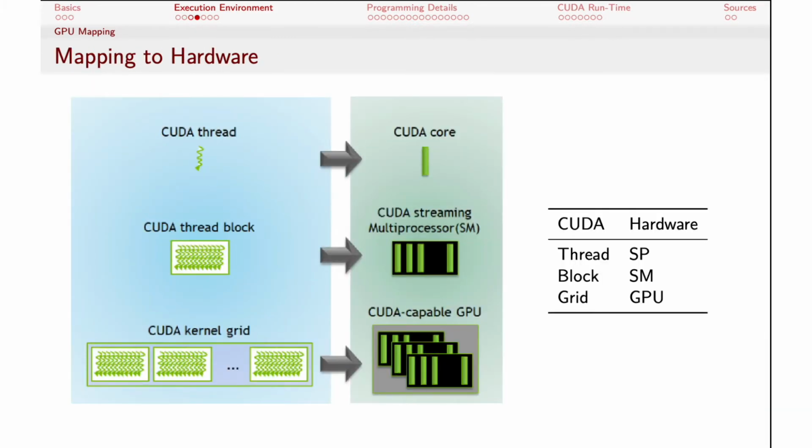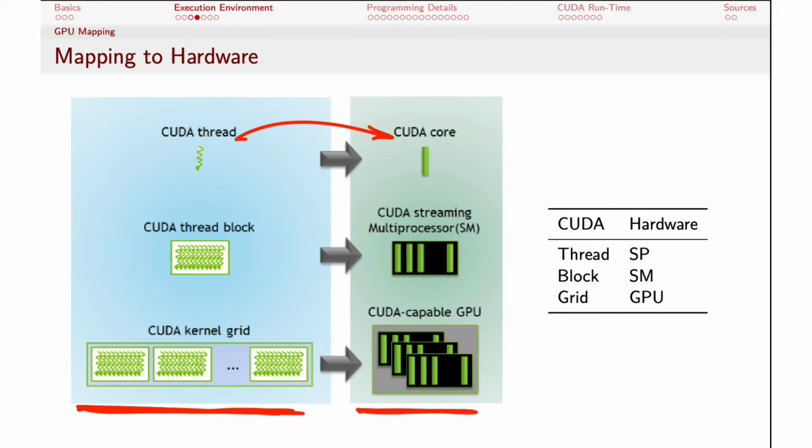Now, referring back to the discussion about the hardware of the CUDA environment, trying to show here the notion that we can take this abstract thread hierarchy that we just described and map that onto the actual GPU. So an individual CUDA thread, one instance of that running kernel, is going to be mapped onto a single CUDA core, so one of the SPs within the SM, one of the streaming processors within the streaming multiprocessor.